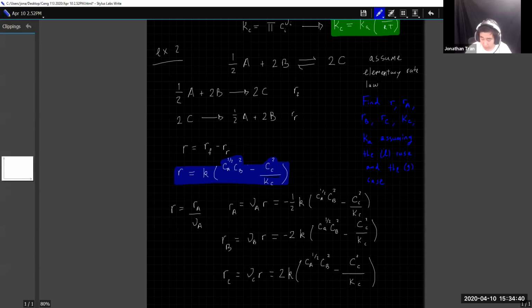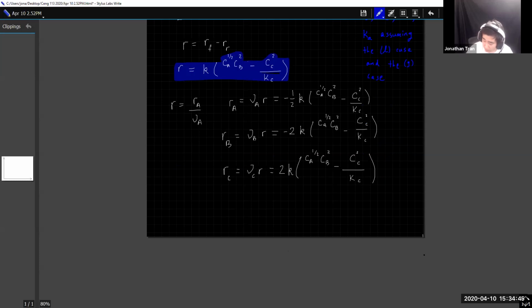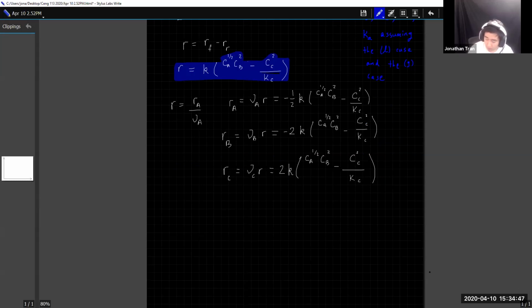Okay, and then the next step is to find Kc. Just like before, Kc is going to be equal to, in this case, Cc squared over Ca to the 1/2 and Cb squared.